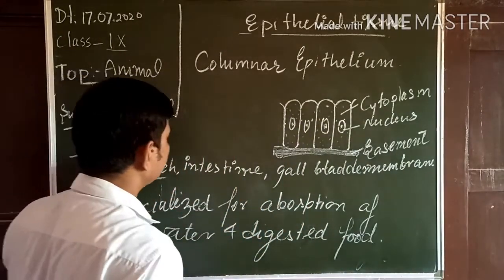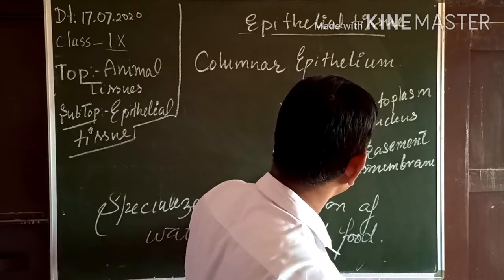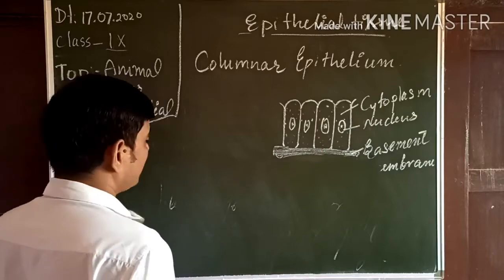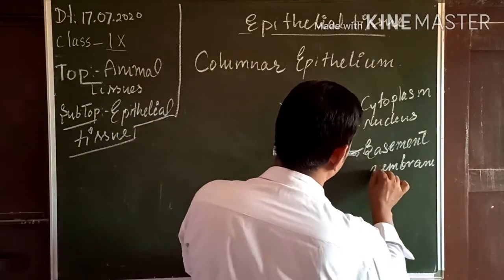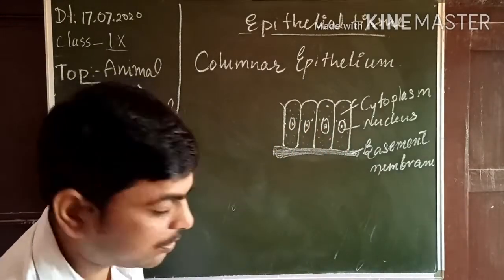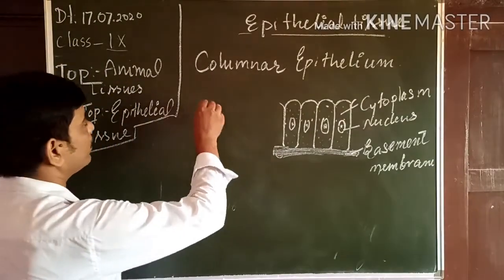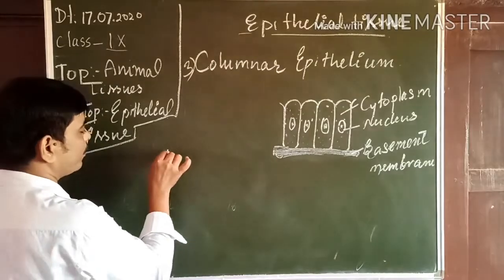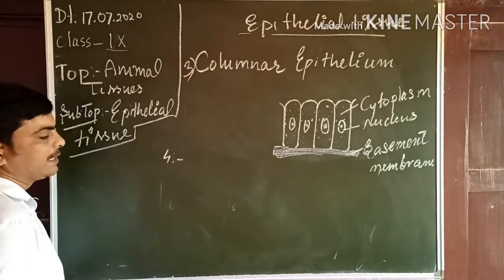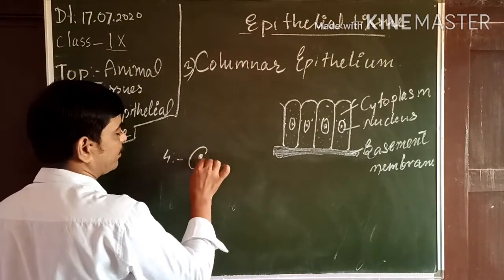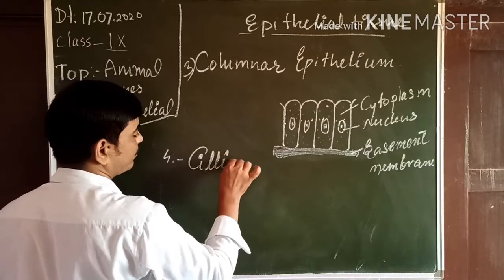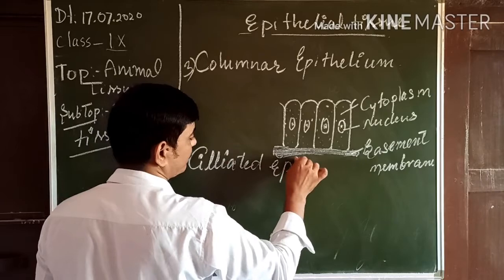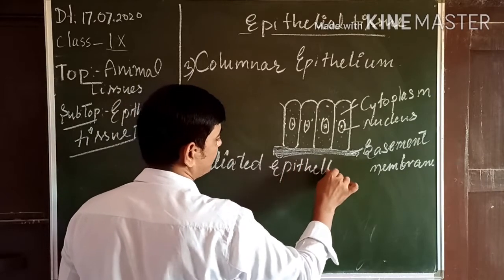You can see here, the modified ones. This was the third. The fourth one is the ciliated epithelium.